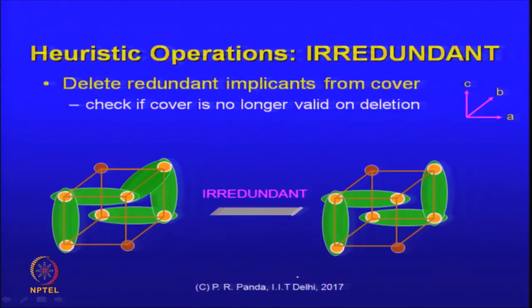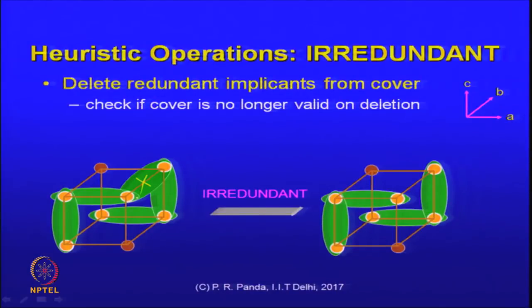What do you do as a result of this? You need to check that when you drop one of those implicants, the cover is still valid, which is, in our example here, we chose to drop this implicant.